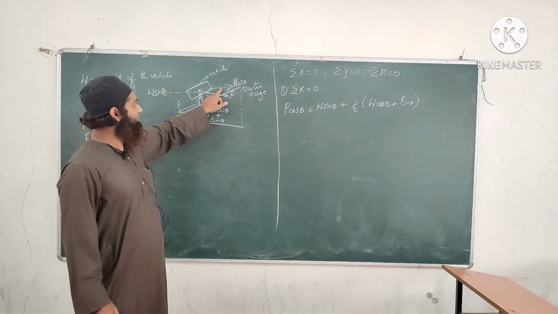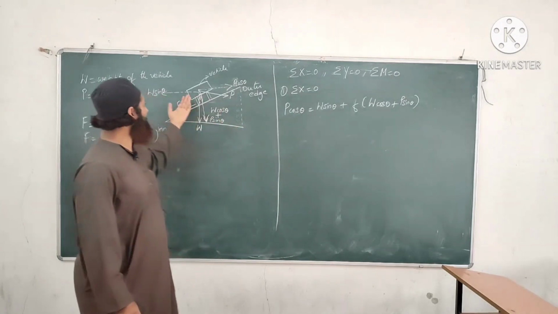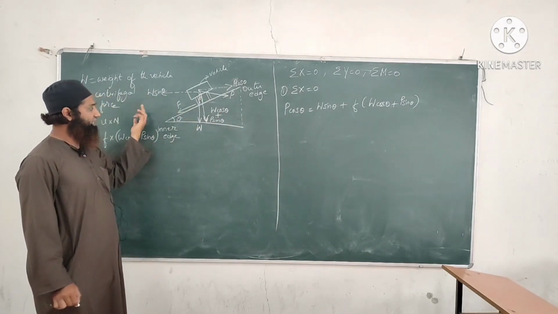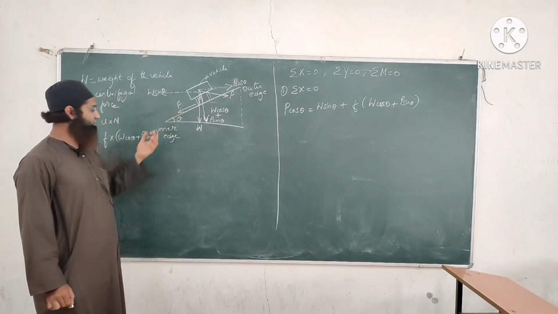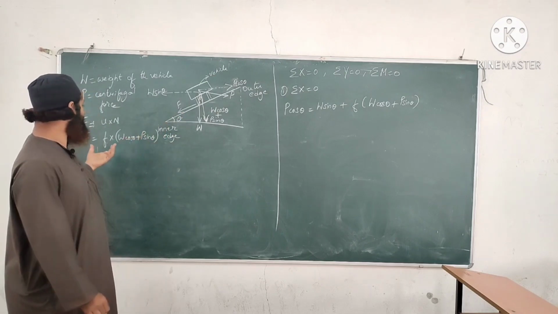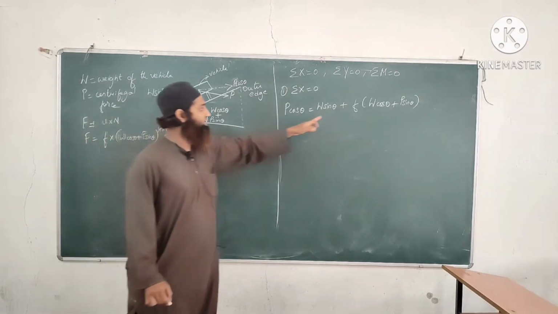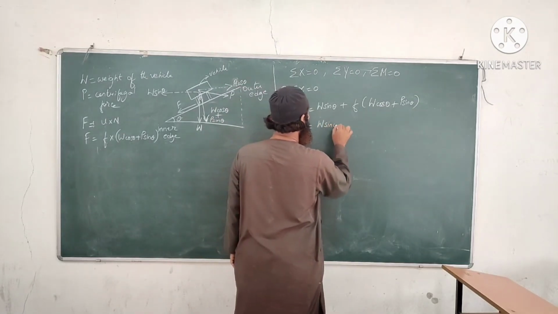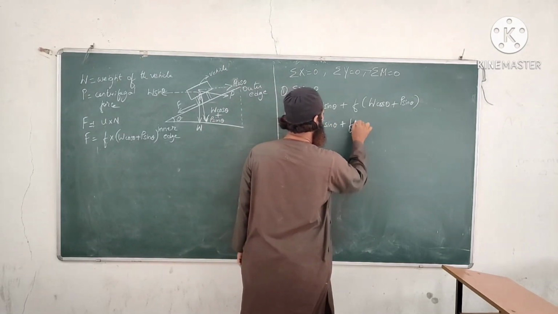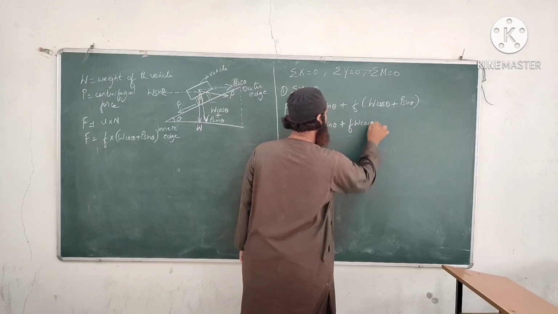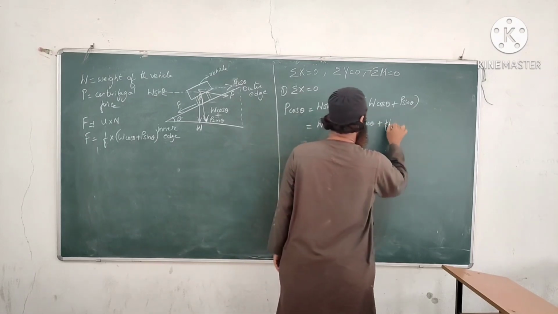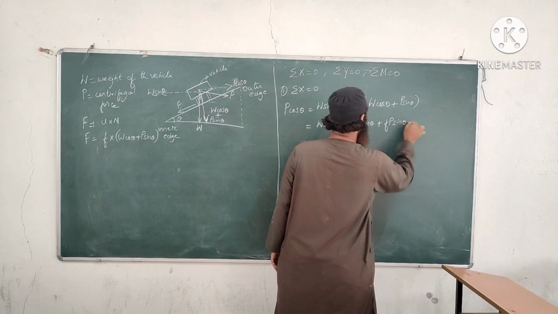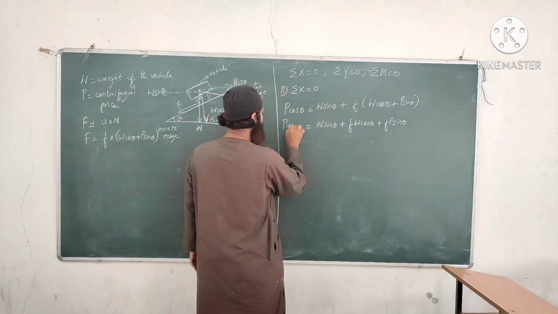P cos theta is acting at the right side, and W sin theta is acting in the left direction, and the frictional force also we are getting. I have just substituted those values here. We can see here, W sin theta plus F W cos theta plus F P sin theta. Okay, it is very simple.